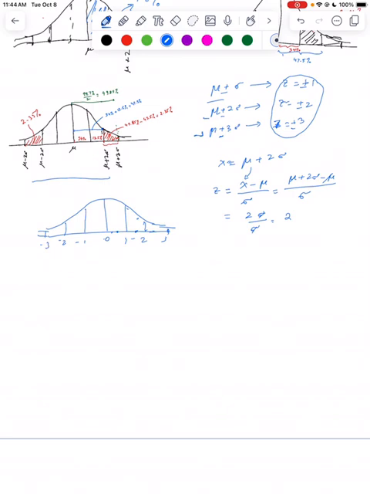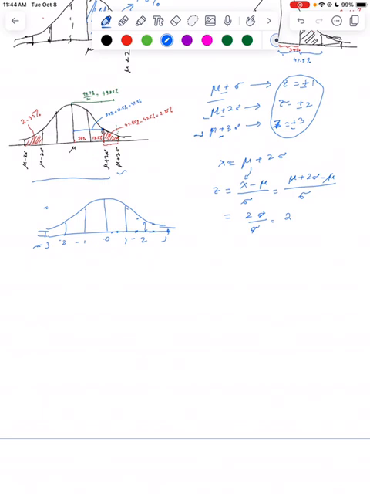So the area that I am talking about, we get it from the standard normal. There is a table which we can look up to find any other z value that we want, which is something you will learn in chapter 6: how to look up in the table and get the area corresponding to a certain z value.